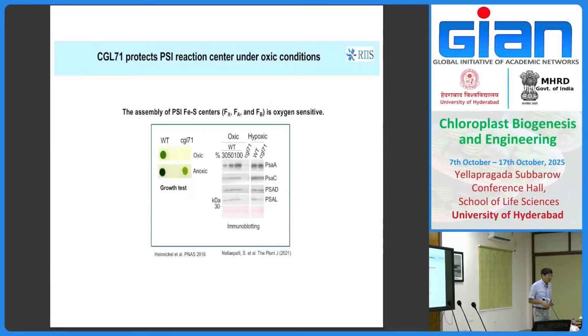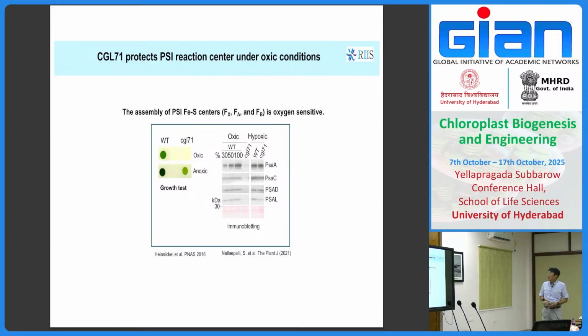Before we started, Arthur Grossman at the Carnegie Institution in San Francisco, California, analyzed this CGL71 mutant. And they concluded that it may be involved in PS1 assembly or at the post-translational level.